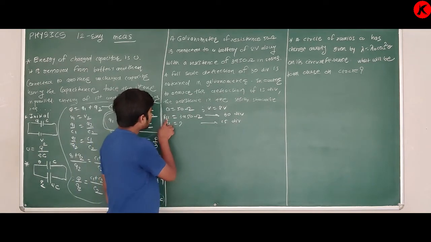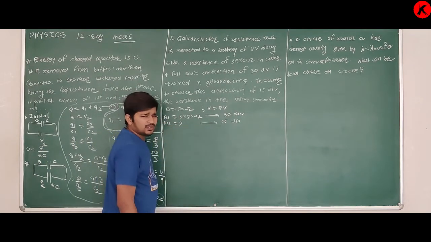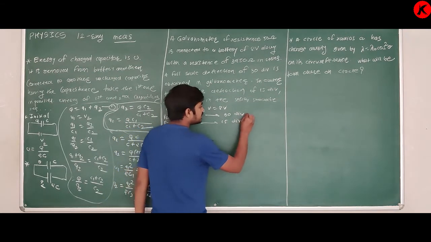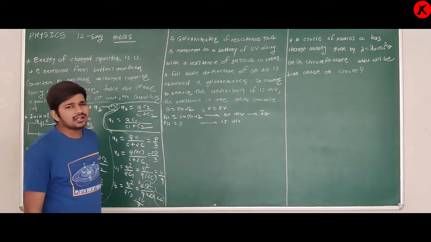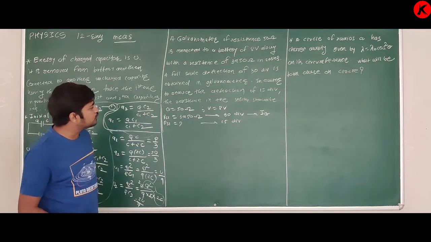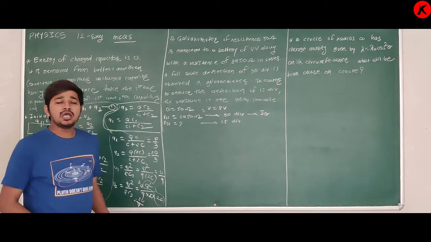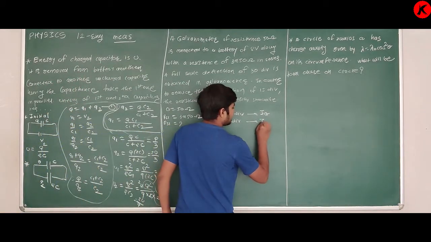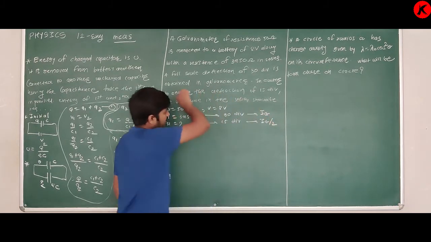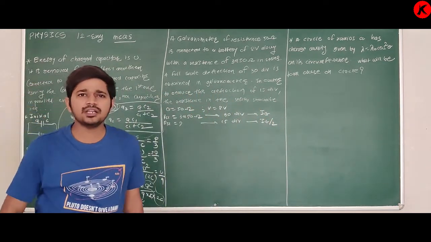So whenever RS1, that is 3950 ohm, is connected, full-scale deflection occurs at 30 division, meaning the current capacity is Ig. If I want to reduce this deflection to 15 division, I want to decrease the current capacity to Ig by 2. Clear?